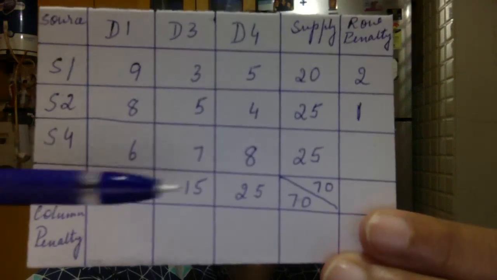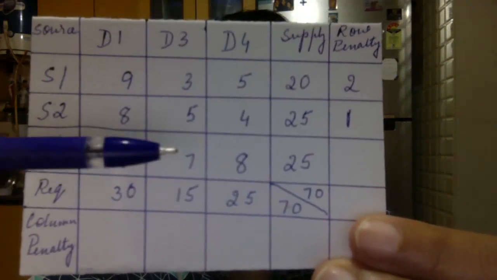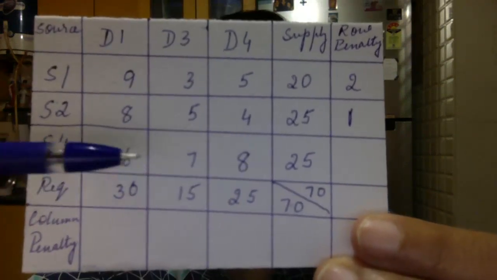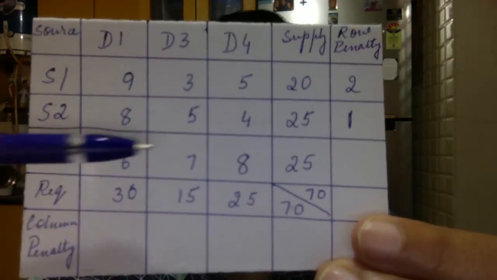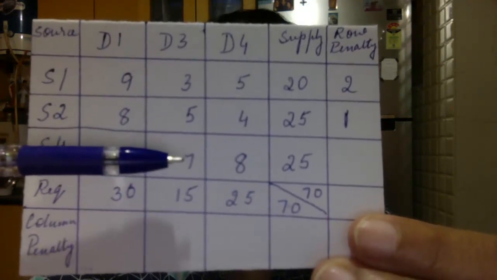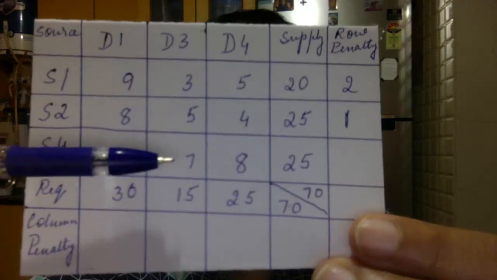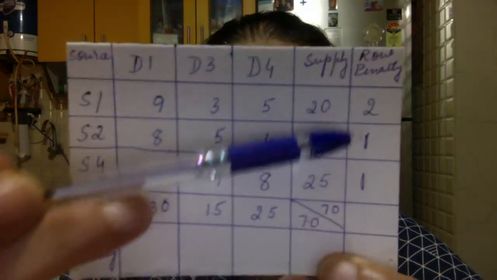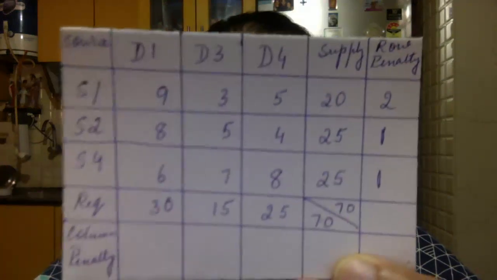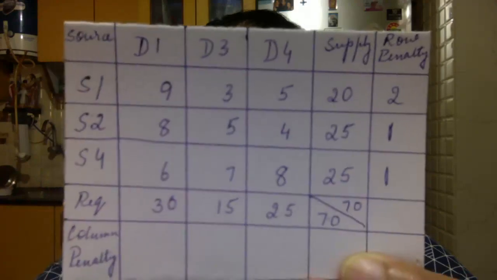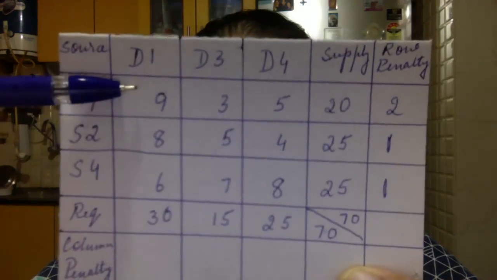Next, you have 6, 7 and 8. The least is 6, the next least is 7. Difference between 6 and 7, the row penalty will be 1. So our row penalties are 2, 1 and 1. Highest is 2 here.